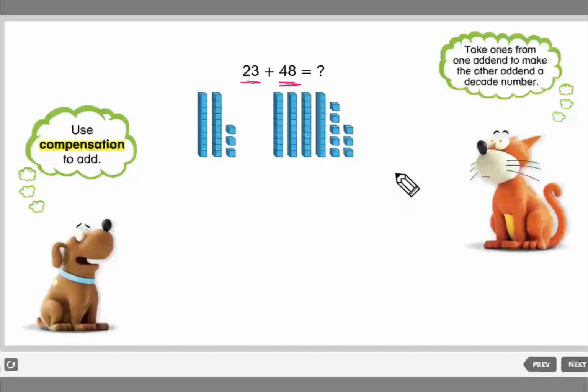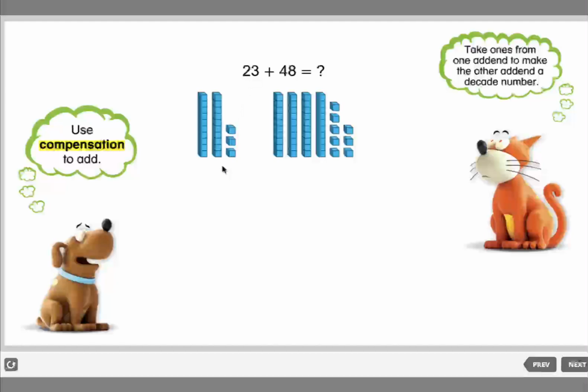Which is near to a decade number? 48. We need only 2 to get to 50. So we will take these 2 from the other addend. So we take 2 from the 23.